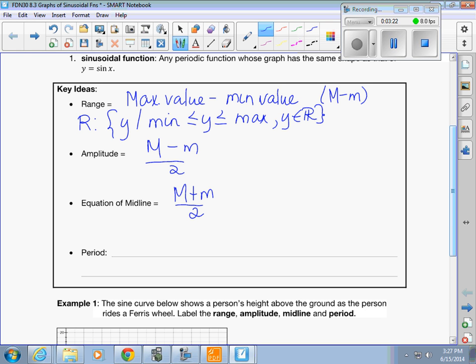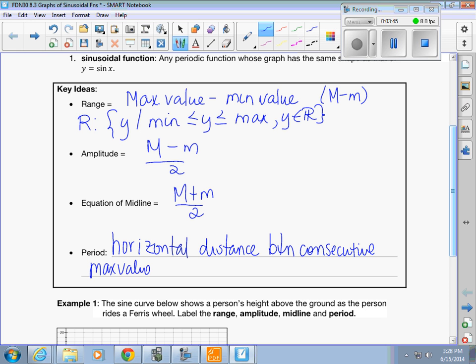So your period then is the horizontal distance between consecutive maximum values or minimum values.